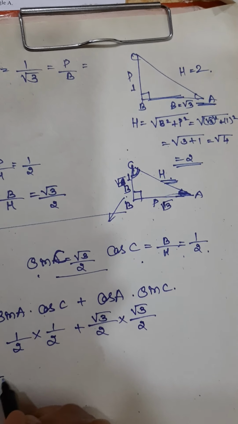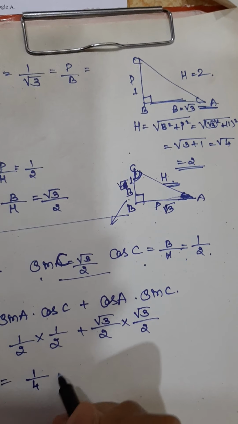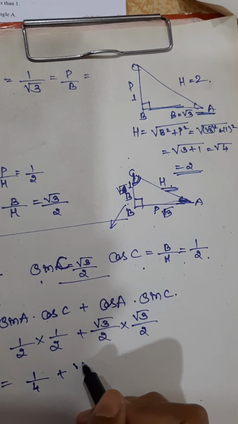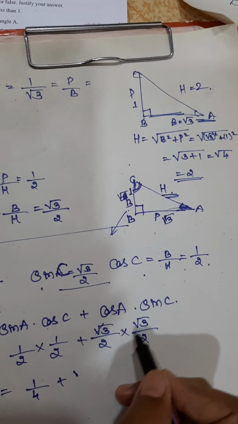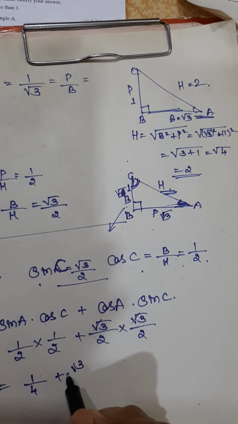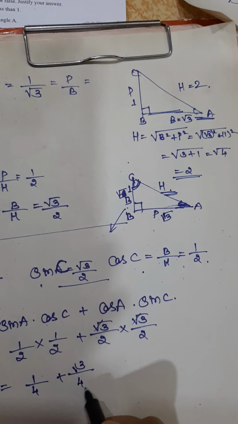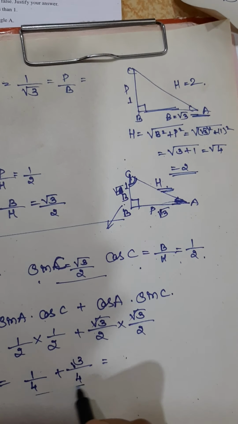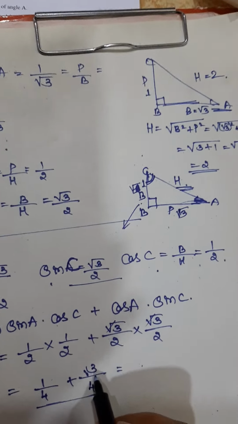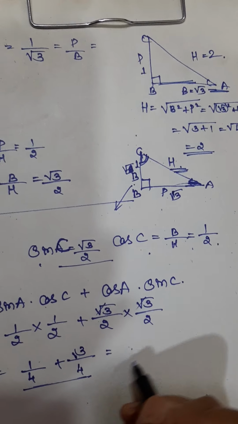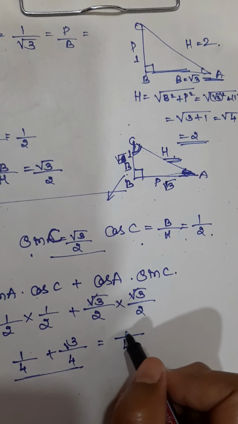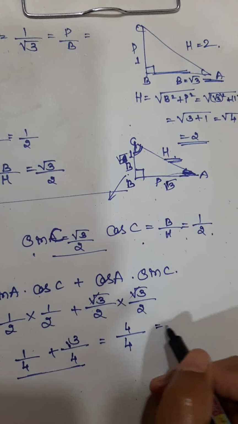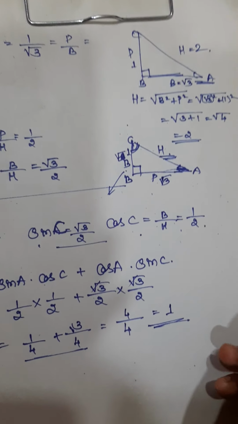Let's solve this one. It will be 1 by 4 plus, square root and square root both means square, square root will be cancelled, so obviously 3 by 4. Both numerator and denominators, both sides we are having 4, so we can add directly, that is 4 by 4 is equal to 1. First thing we got as 1.